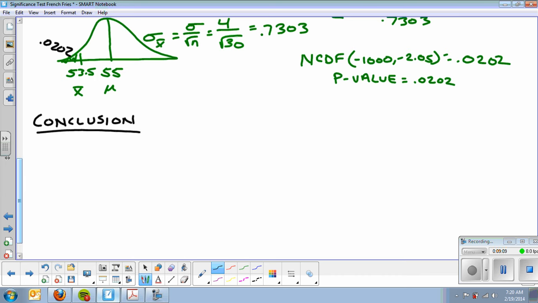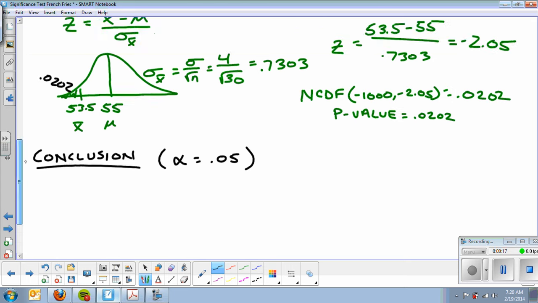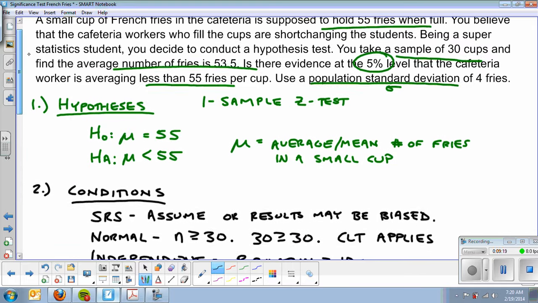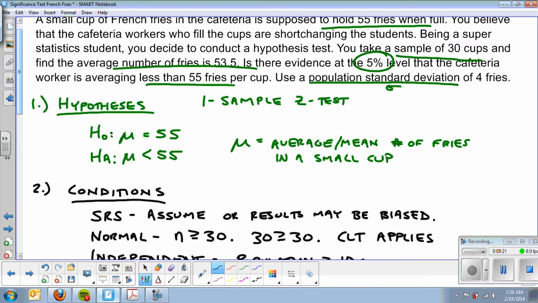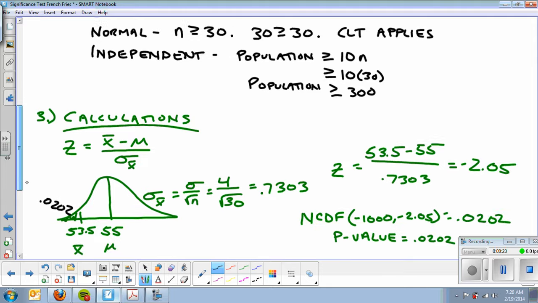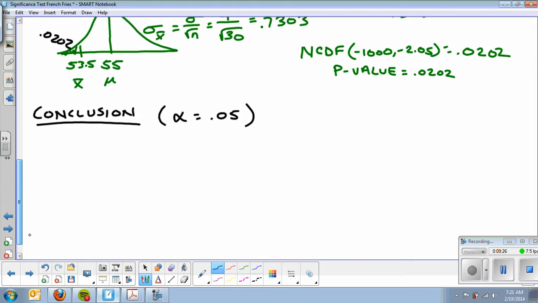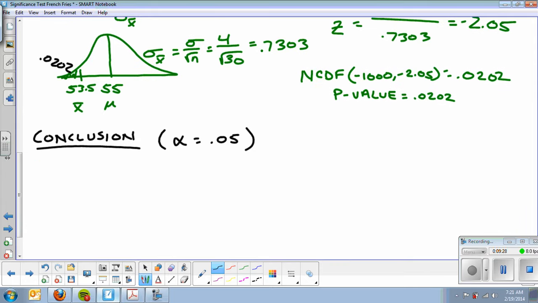Okay, now, one thing that we're going to look at is our alpha value. Our alpha value is 0.05, and that's the 5% from the significance level up here at the top. Okay, so alpha equals 0.05. Now, if we look at the p-value of 0.0202, we notice that it is a very small number.